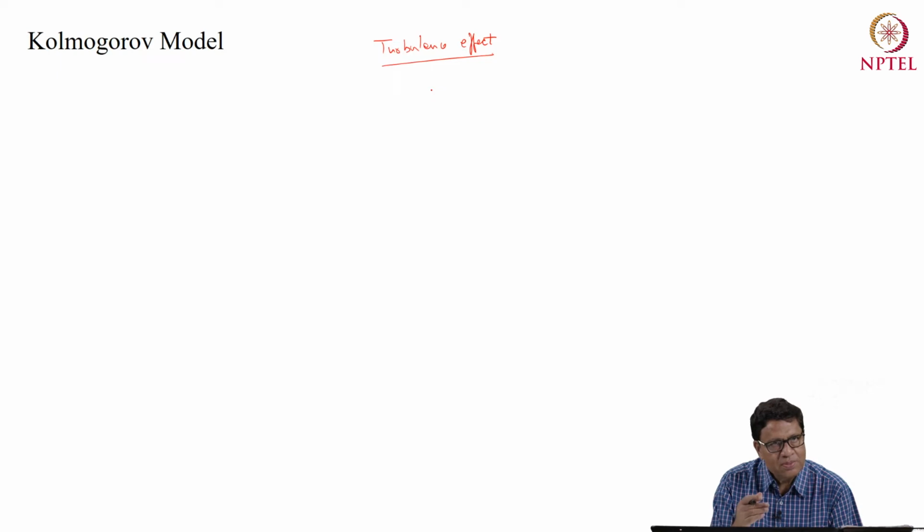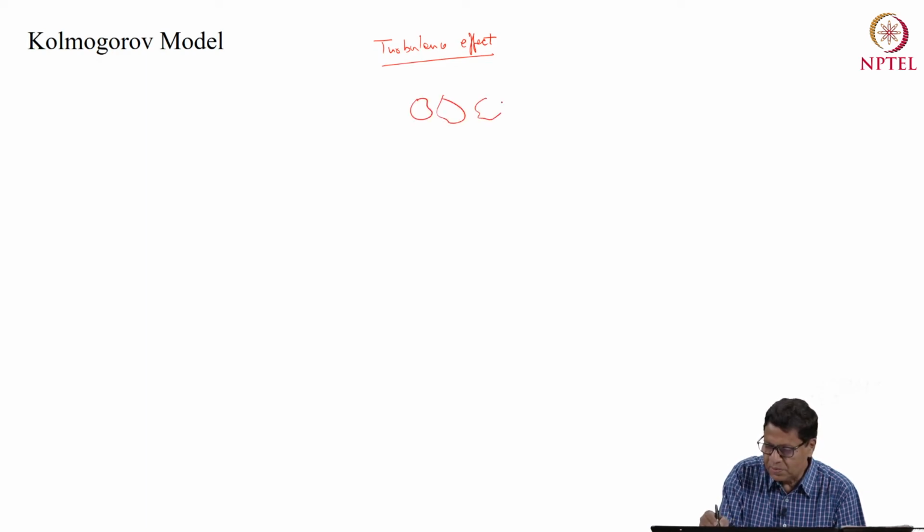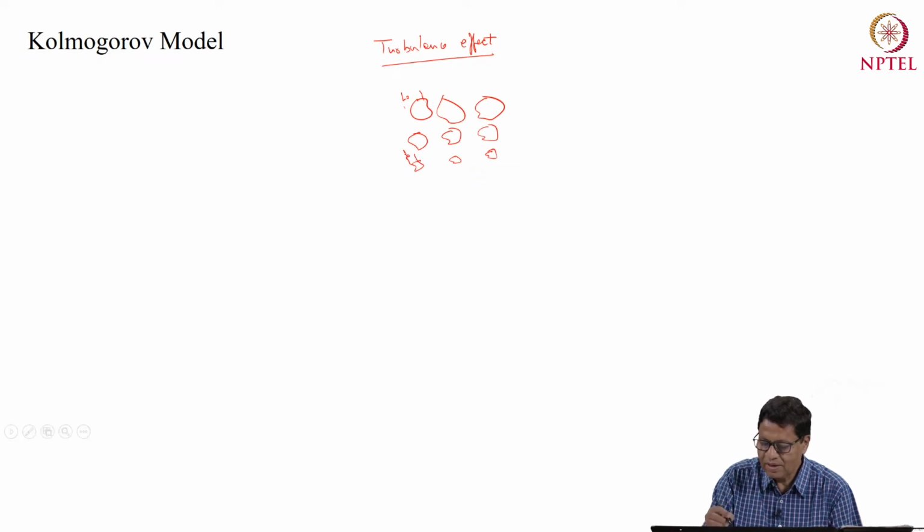So there are bigger eddies, mid-size eddies, and smaller eddies. Let the outer scale diameter for the bigger eddies be L0, and for the smaller eddies be small l0.